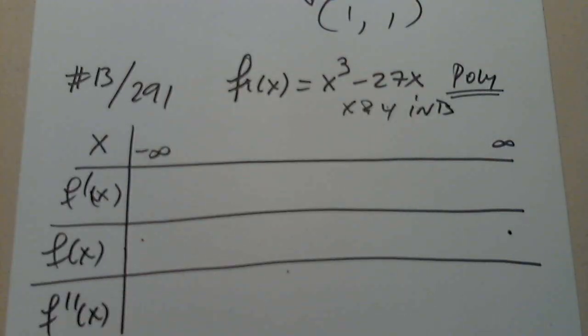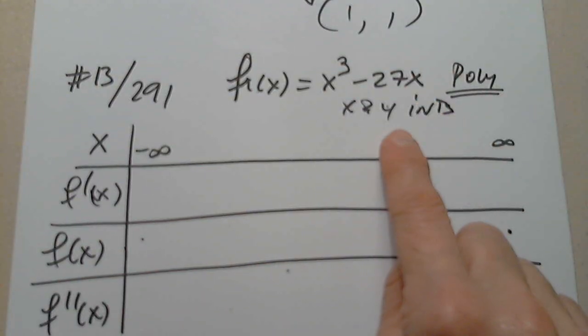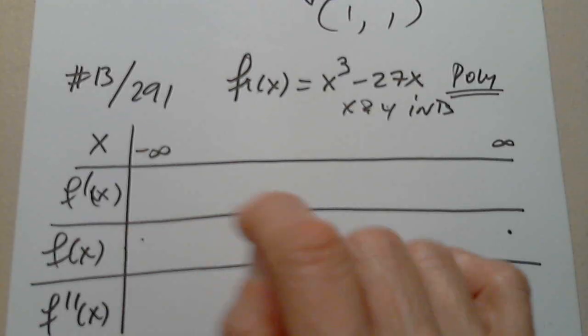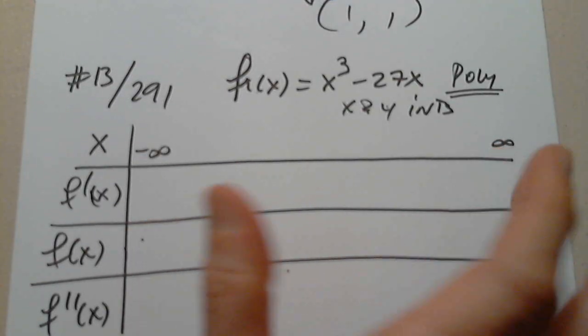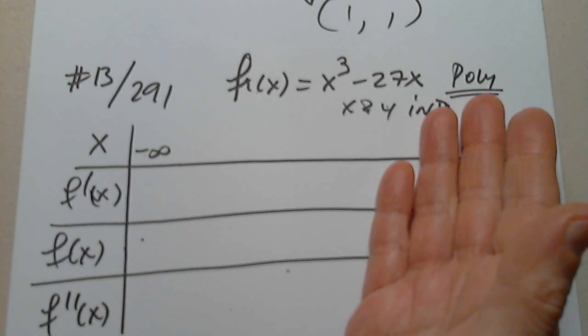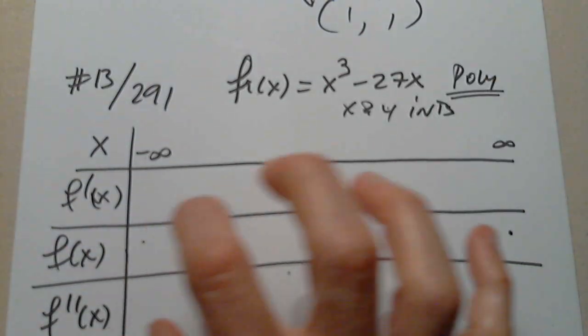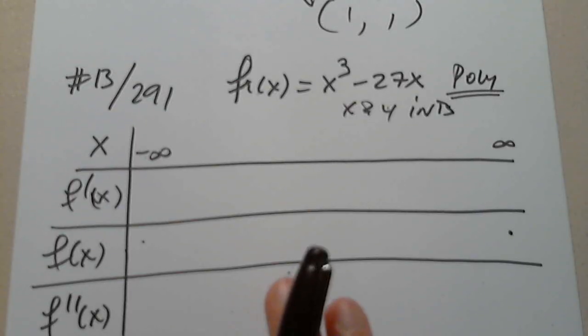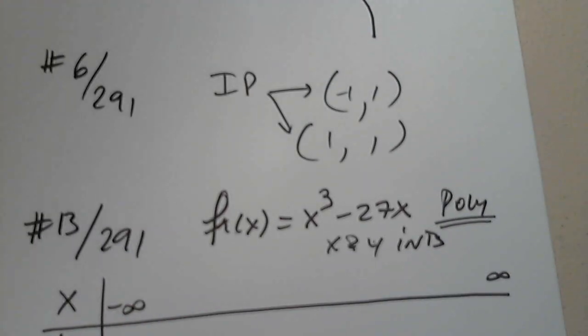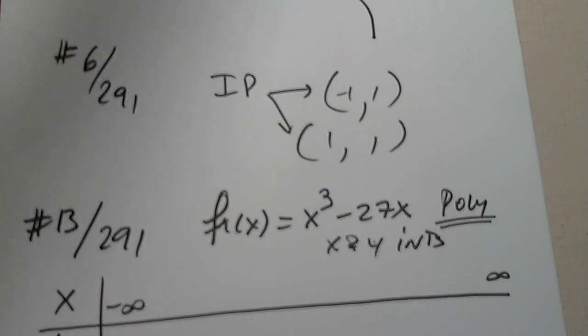Now we are also asked to graph the function. When I graph a function, I also need the x and y intercepts. And furthermore, I need the limits left and right, because it's a polynomial function. So we always have to determine this for any function. Good. So let's do that first before we continue with the first and then the second derivative.